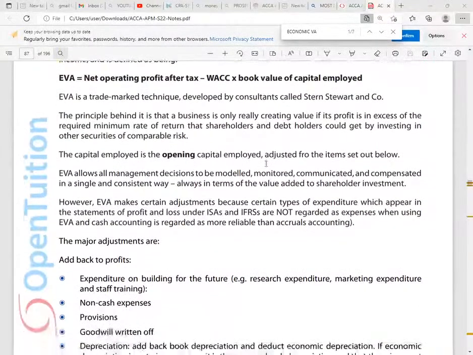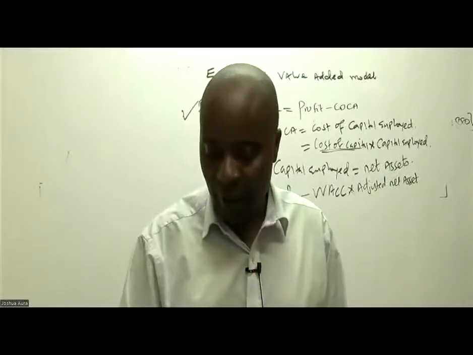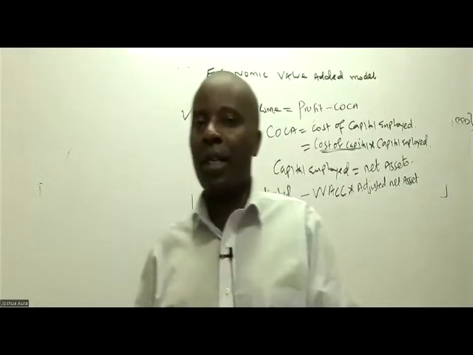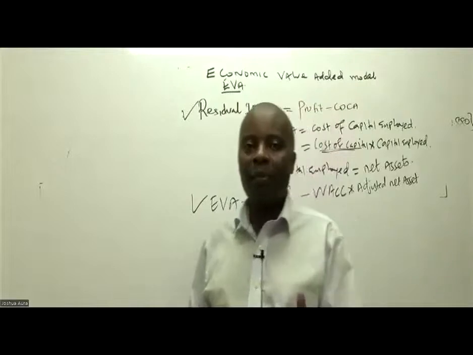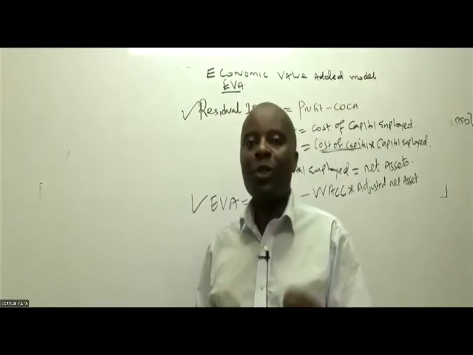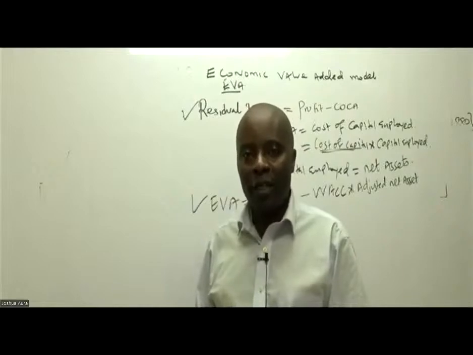Ladies and gentlemen, to answer my friend Abby here, she's asking what is economic depreciation. Remember, we have this depreciation that is book depreciation, for example, that comes out of policy, where we say we shall be depreciating our assets, for instance, on a straight line basis over 5 years.